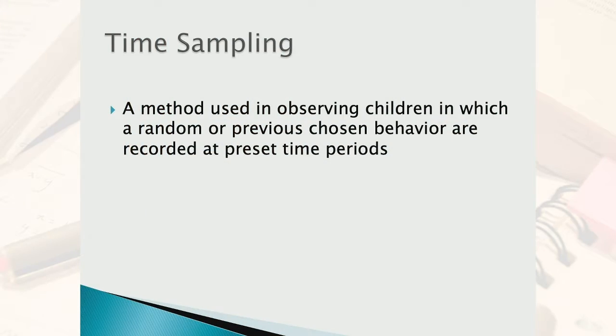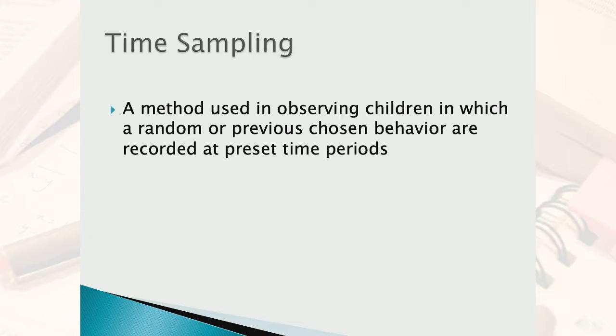When it comes to time sampling, this is another method that we use to observe children, but we're going to use this type of tool to observe children at preset times and also different intervals. So you might observe them for 30 seconds in a certain play area every 10 minutes.